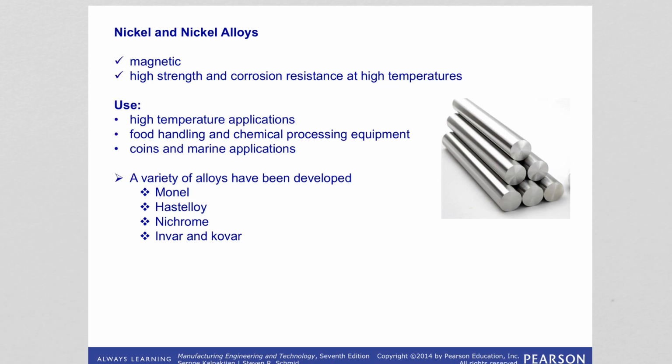Nichrome is an alloy of nickel, chromium, and iron, has high electrical resistance, high resistance to oxidation, and is used for electrical heating elements. Invar and Kovar are alloys of iron and nickel. They have relatively low sensitivity to temperature changes. And if you remember, we talked about Invar having a low thermal expansion coefficient.